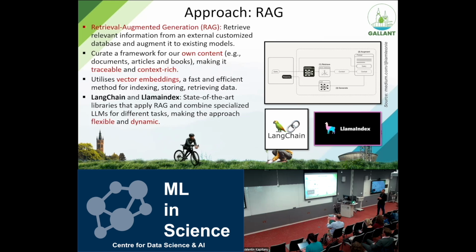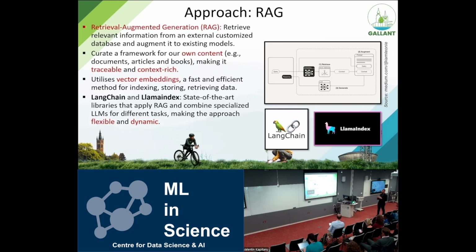So we can use our own content, for example, our own library of documents, and augment it to our language model. Powered by vector embeddings, these models can provide a fast and efficient method for contextualizing the data that are flowed into the model, which I will explain in a couple of slides.